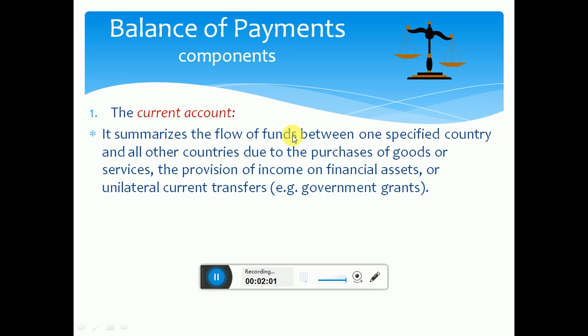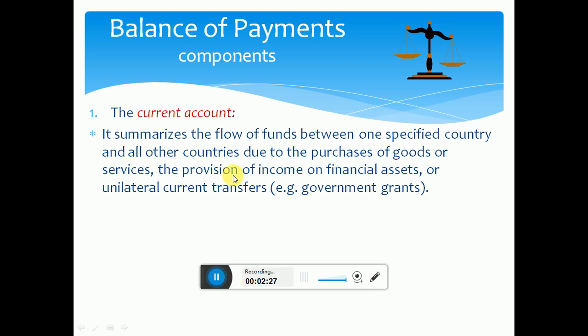We are talking about that. But this flow of fund is because of, number one, the purchase of goods or services. The money which is going out of the country or coming into the country because of the purchase of goods or services.